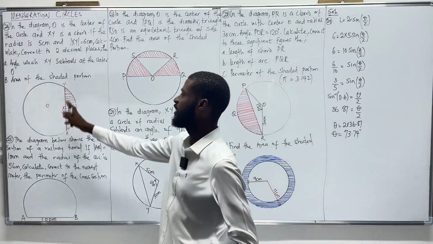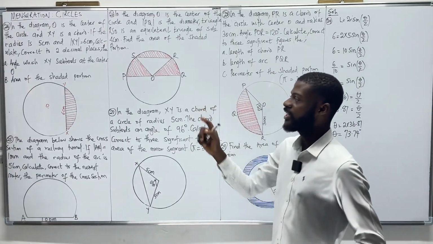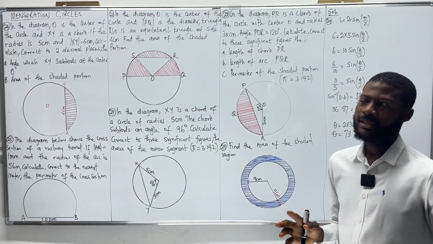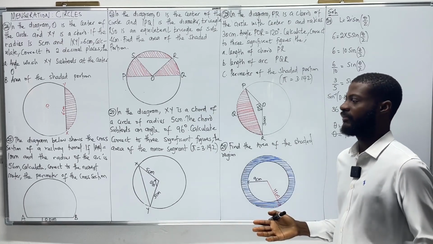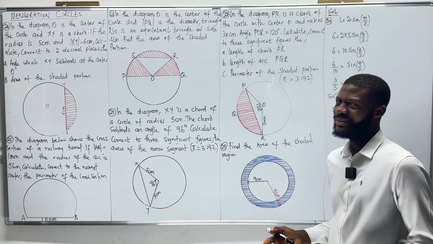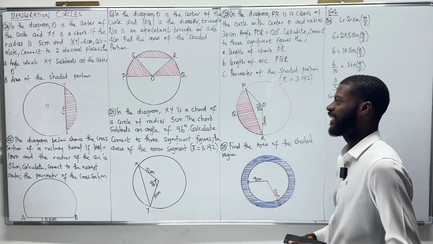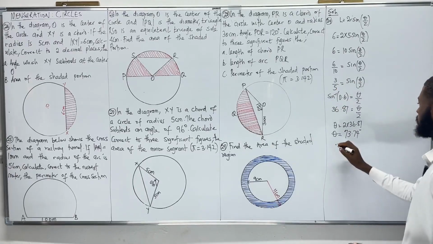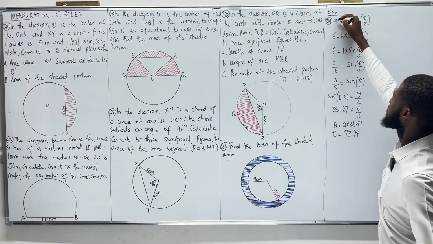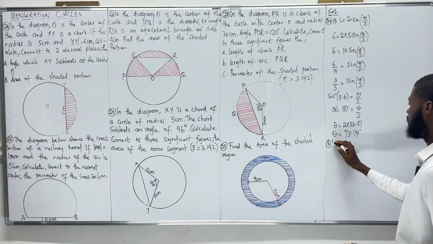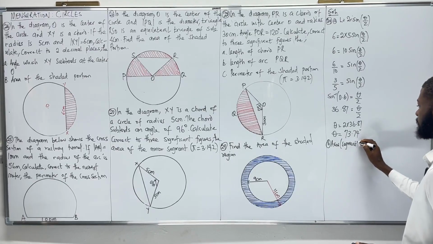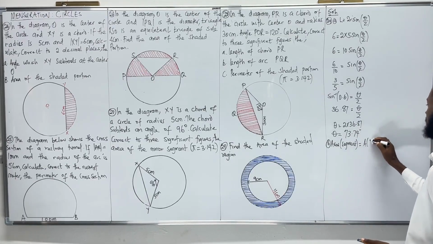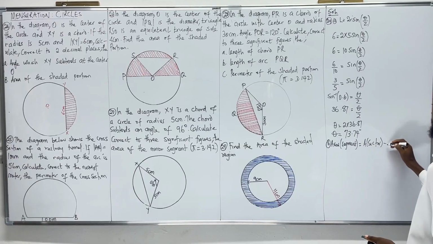The next one says find the area of the shaded portion. Now that shaded portion is a segment. I would have loved to derive the area of a segment, but I don't think we have time for that. But it's simple though. So this is the A part. The B part: area of a segment is equal to area of a sector minus area of triangle.